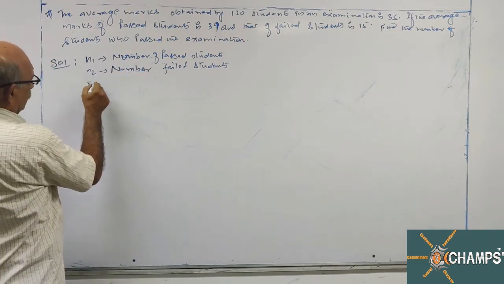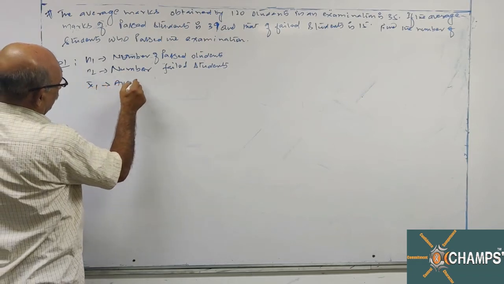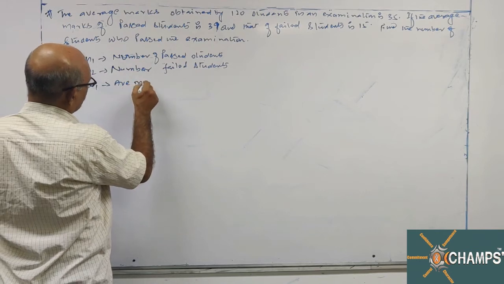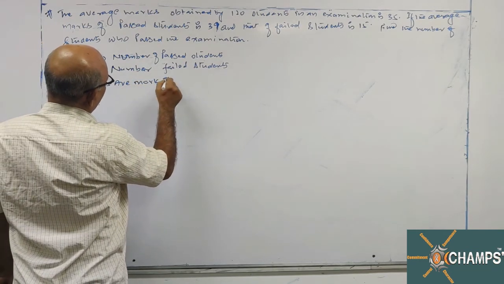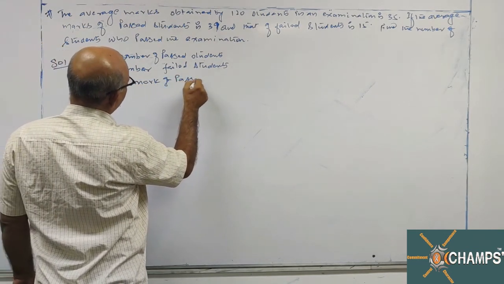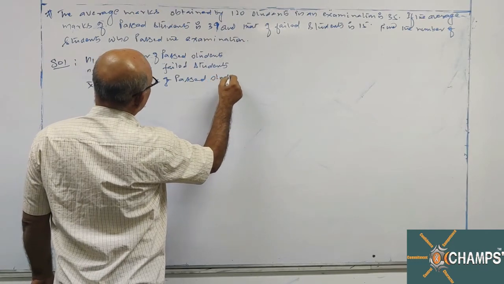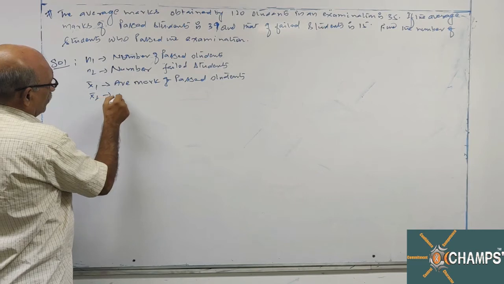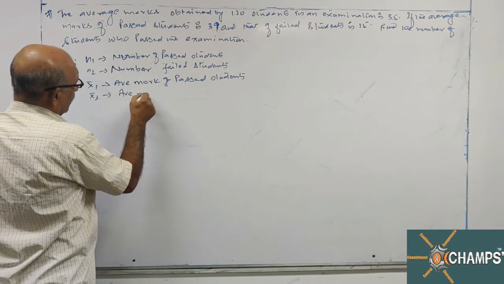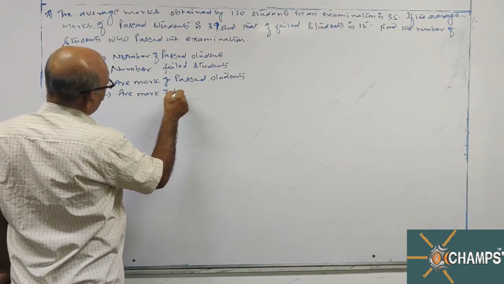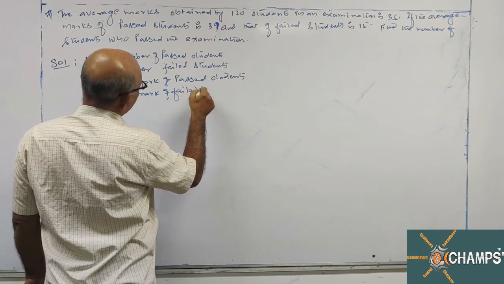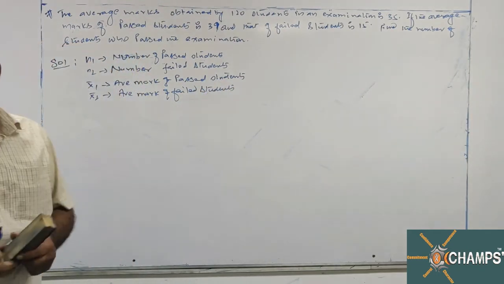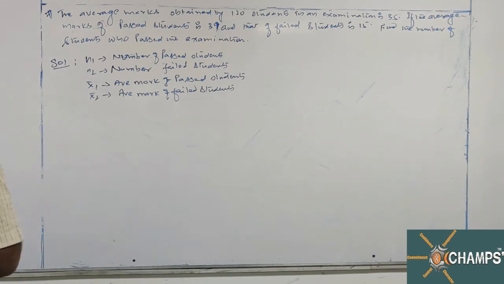X1 bar is equal to average mark of passed students, X2 bar is equal to average mark of failed students. This way, just for your convenience, data is represented.